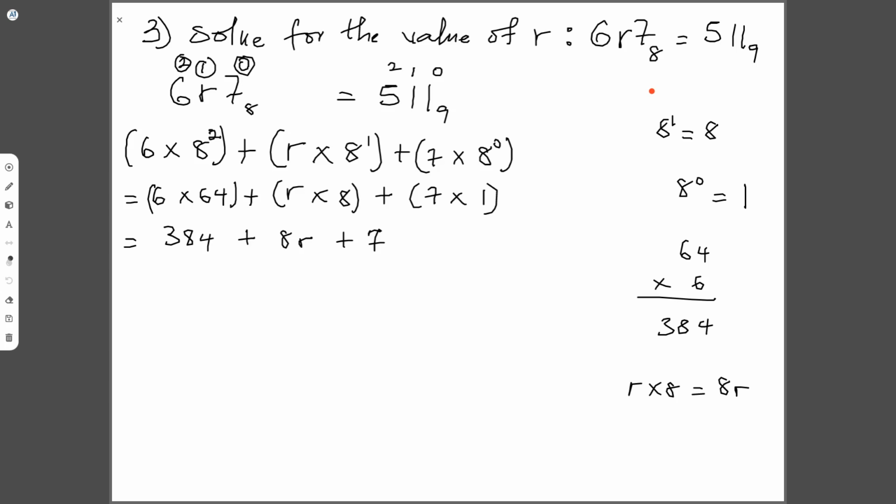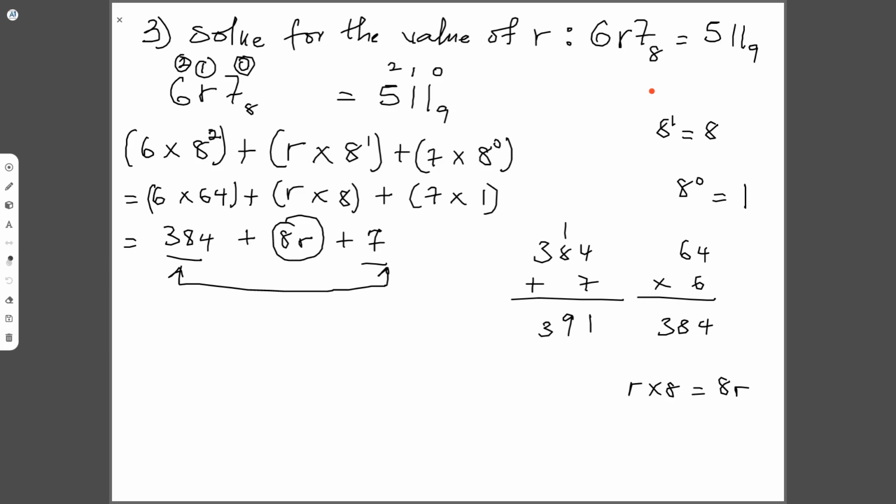We can only add these together because they are constants. But this is an algebraic expression. It has a variable, R. So we can only add these together because they are the same family. 384 plus 7 gives us 391. That is, we have 391 plus 8R.